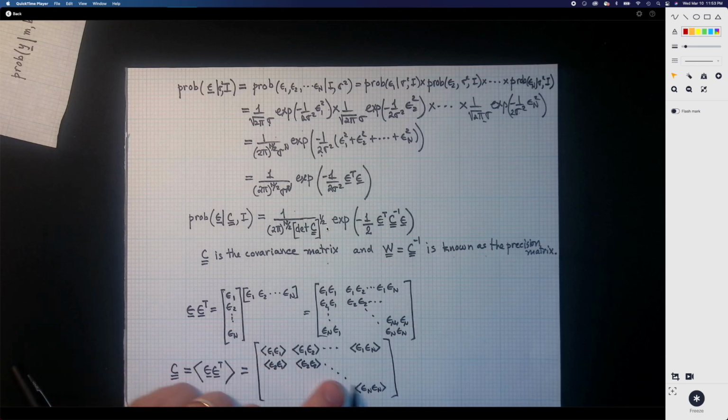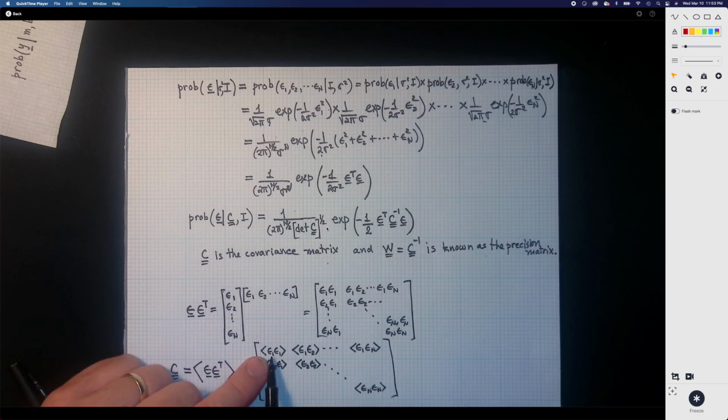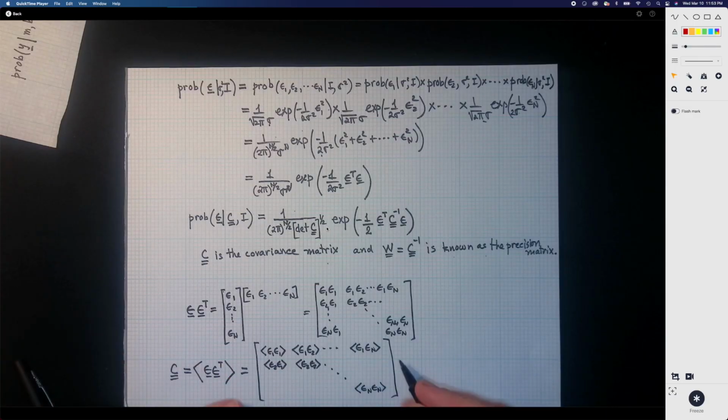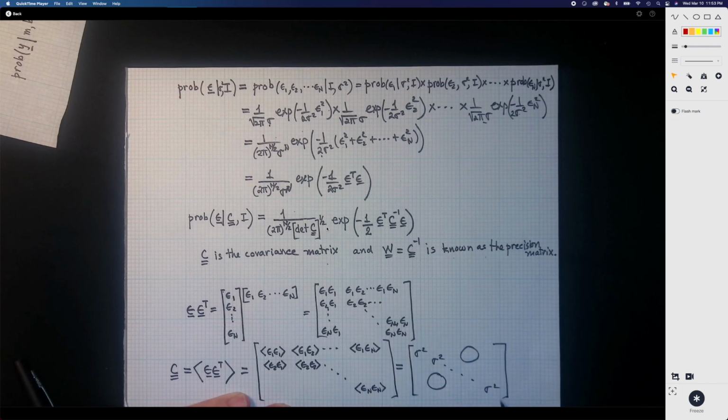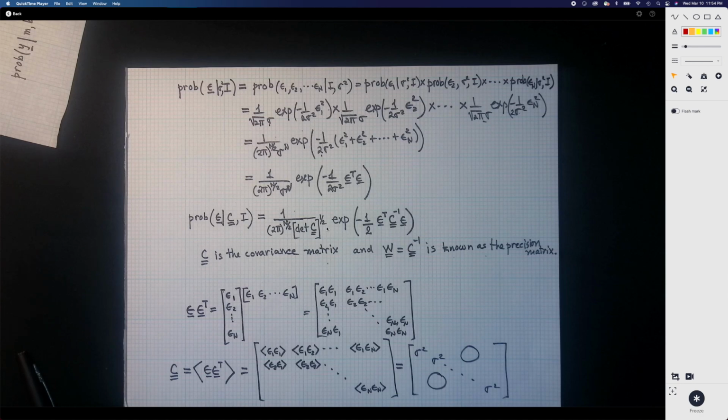The only one we're left with is the variances, or the covariance of epsilon sub i with itself, which we've said is equal to sigma squared. So this is the same thing as, and this can be written more neatly, just like this, sigma squared times the identity matrix. This is the n by n identity.